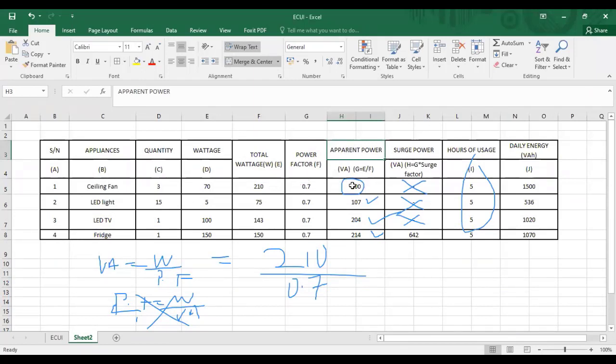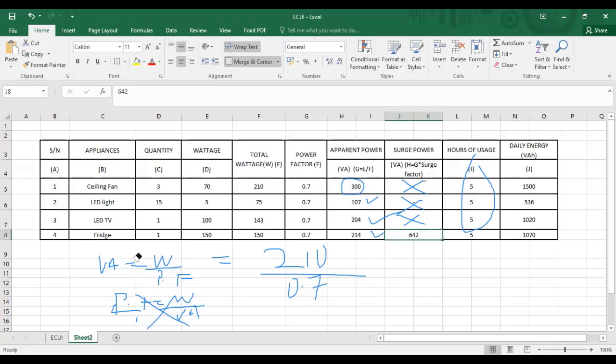So we are having VA multiplied by the hours to give us what? VAH, which is also the daily energy. Hope you got that. So we have our 300 here by saying 210 divided by 0.7. So how did we get this 642 as surge?